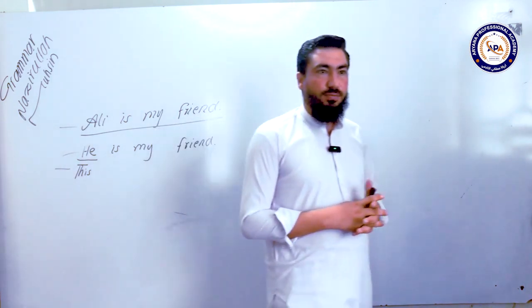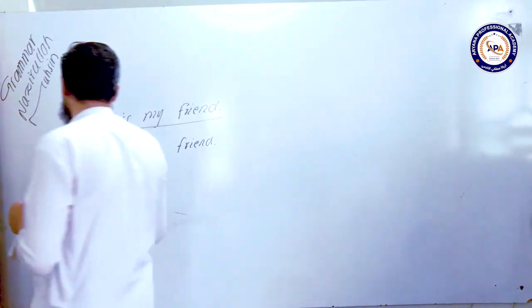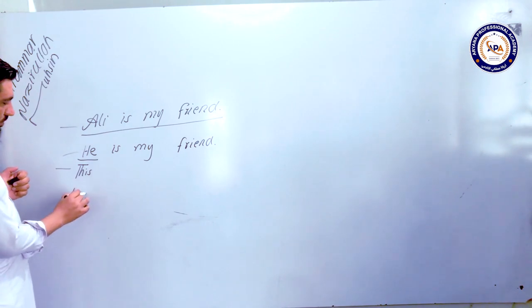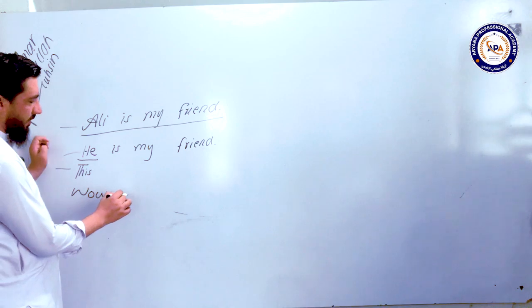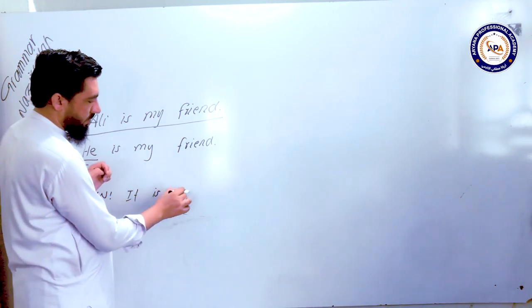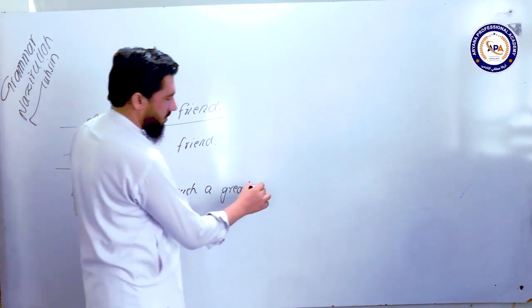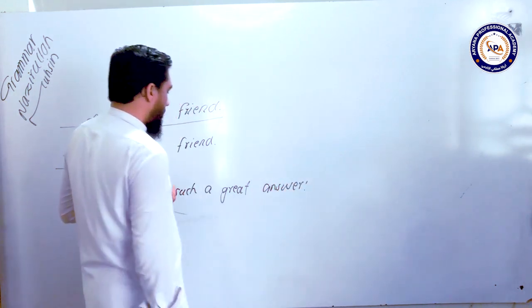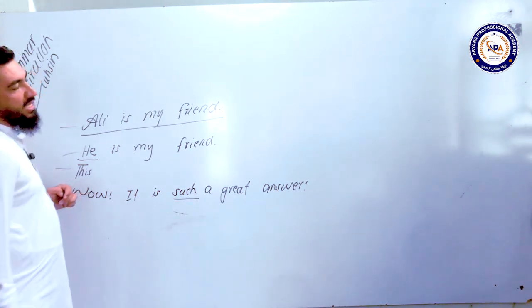So give an example. It says, like, you started pronoun. For example, if I say, wow, such a great answer. That is such a great answer. So here, such works like a demonstrative pronoun.